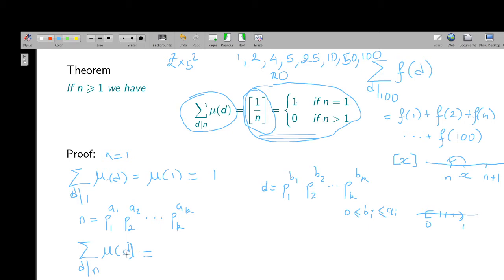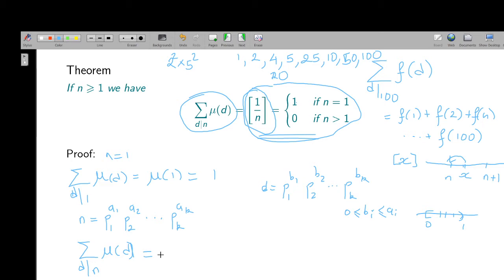What are the divisors of n which are square free? The divisors of n which are square free are going to be p1, p2, p3 up to pk, then p1 into p2, p1 into p3, and so on. So it's going to be of this form.